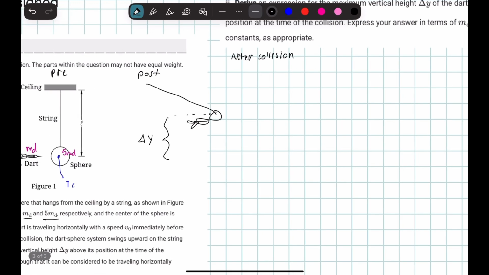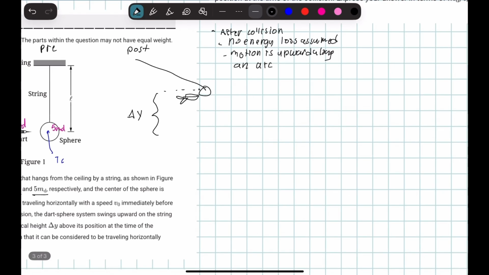So after the collision, we assume that there's no energy loss, and the motion is upward along an arc, and also that the mechanical energy is conserved, right?